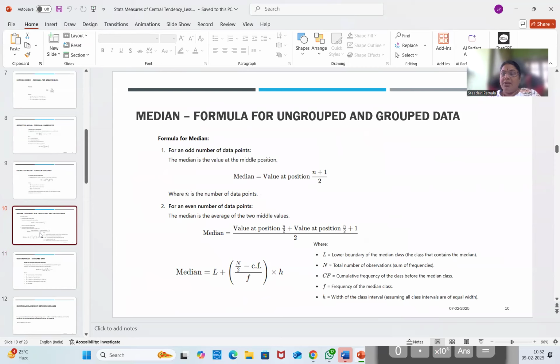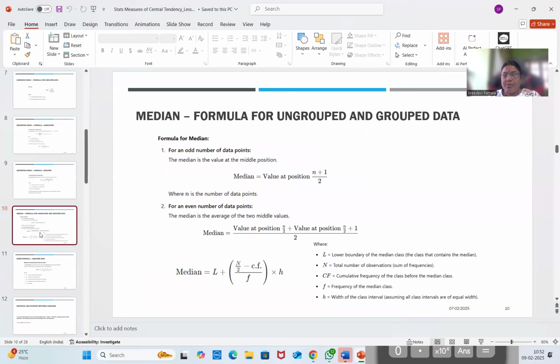And second one, for an ungrouped data, if you want to find out the median value, if the data set is an even data set, then you have to take the middle two values, because you don't have the exact middle value. When your data set is odd, n plus 1 by 2, the value at that position is the middle value.